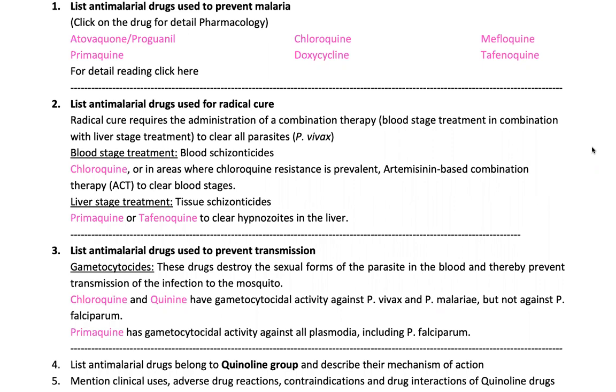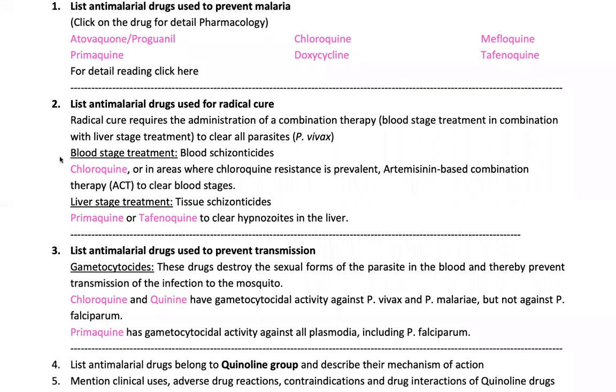There are two main stages. Blood stage treatment, we can say blood schizonticides. So in this stage, the protozoa have to be killed in the blood. And in the liver stage treatment, the term is tissue schizonticides, and in this case the protozoa should be killed in the liver stage.